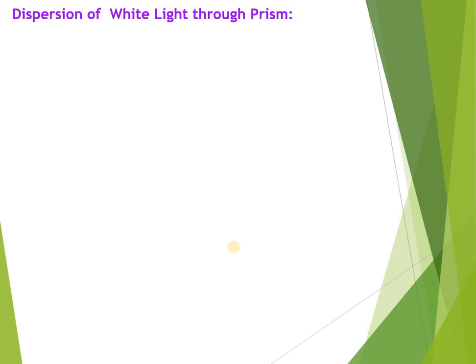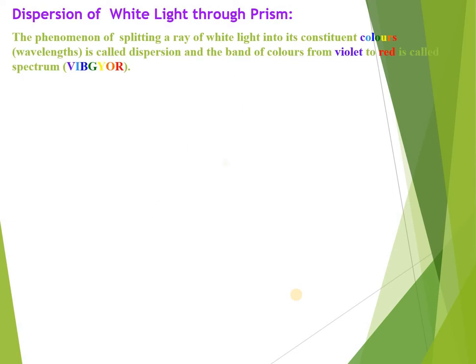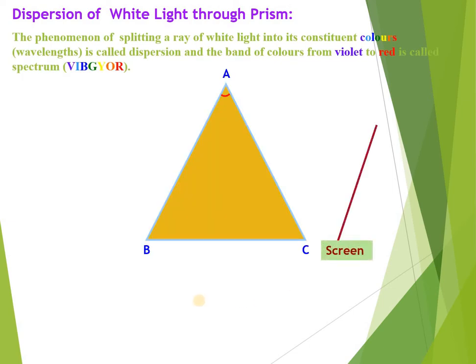Now we will study an interesting topic which you all have studied in 10th standard, that is dispersion of white light through the prism. When white light passes through a prism, what happens?